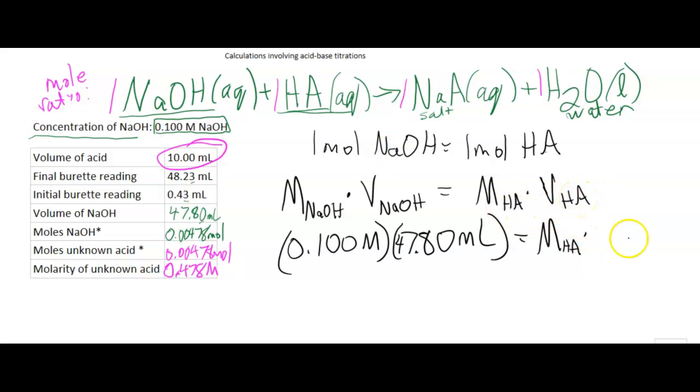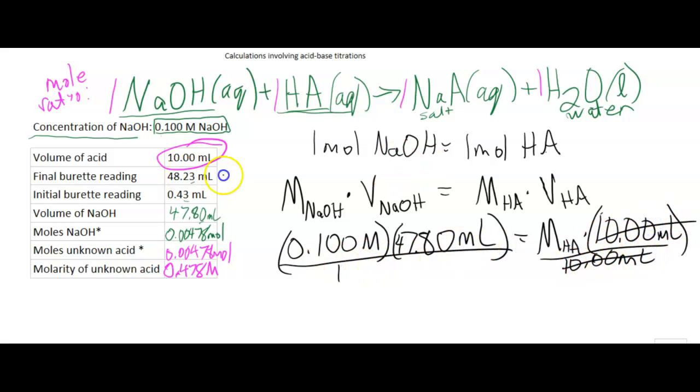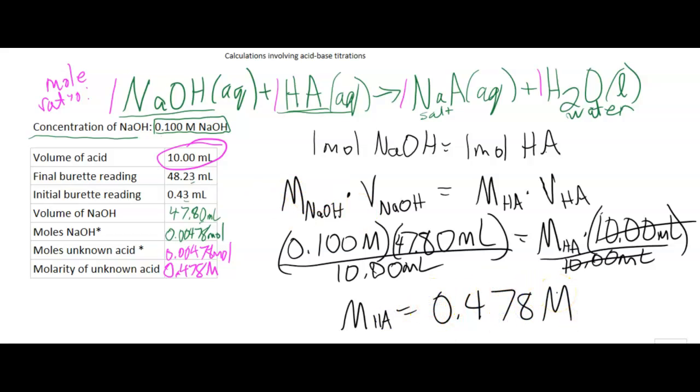And my volume of HA was 10.00 milliliters. So I divide both sides by 10.00 milliliters to get rid of it. Plugging into my calculator, 0.100 times 47.80 divided by 10.00, I get that my molarity of HA is equal to 0.478 molar.